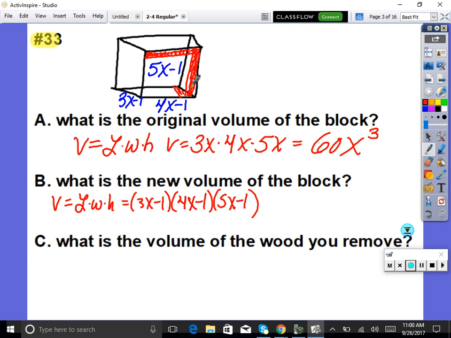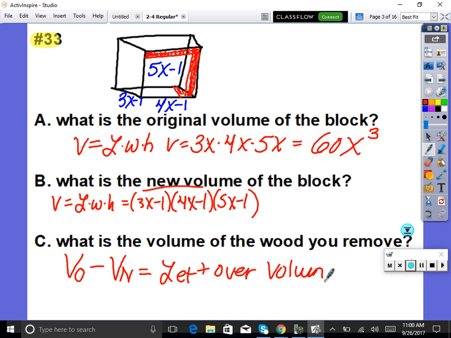Wouldn't that give me the leftover red spot? Does that make sense, everybody? So my true statement to find the volume of the wood we removed would be: take the volume of the original, I'm going to put O for original, subtract the volume of the new, and that will equal the leftover volume.